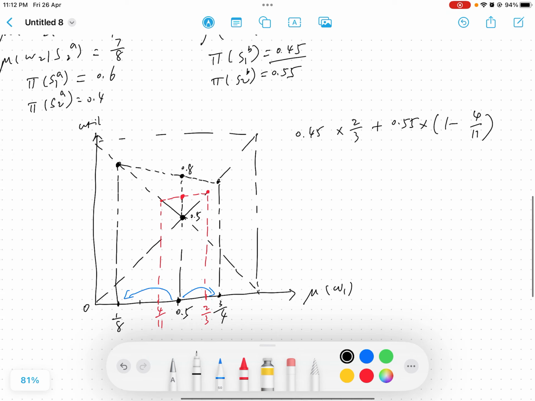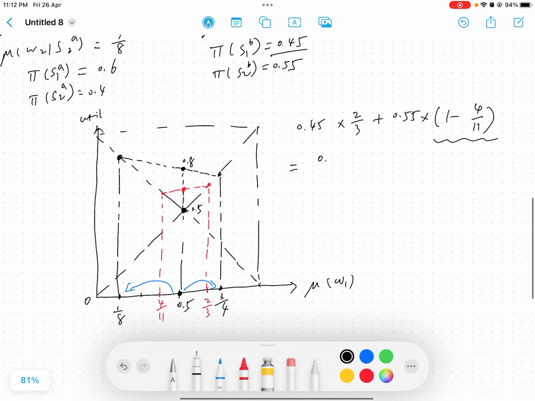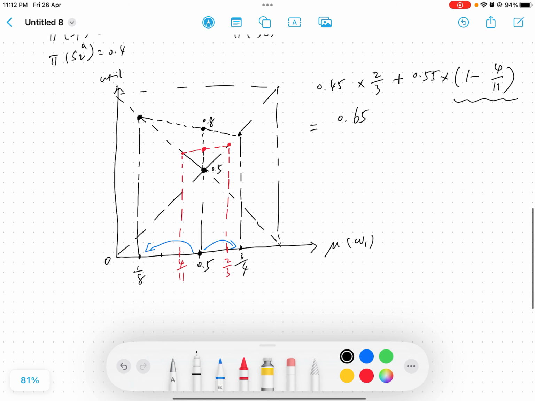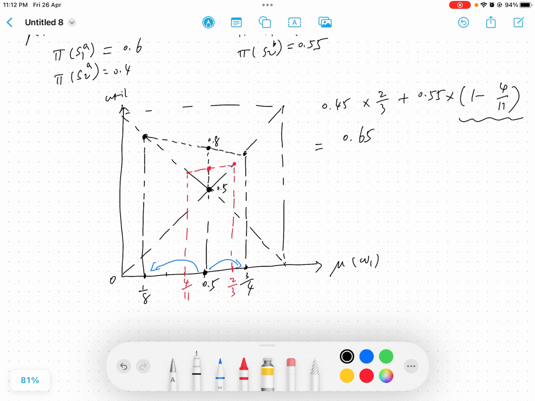Because we're calculating the expected utility rather than the posterior belief, we simply get this from the picture by using 1 minus this number. It's the straight line, so it is very simple to get, and this is 0.65. So this point is 0.65.